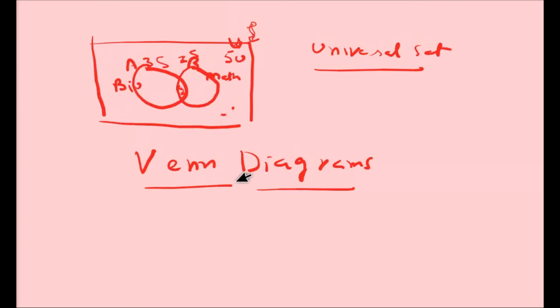So are you understanding what a Venn diagram is? Using this diagram we can describe so many things. Before going to this diagram we will read some things, then we will discuss Venn diagrams more. Now, operation of set.